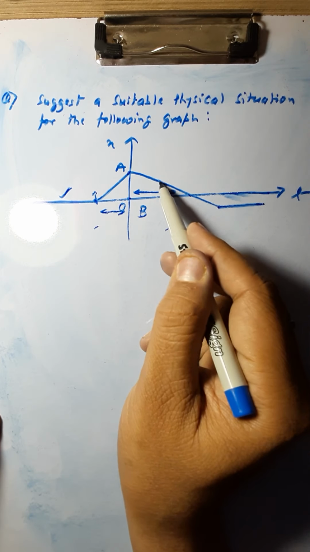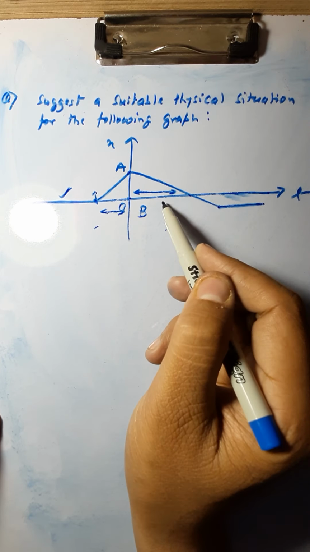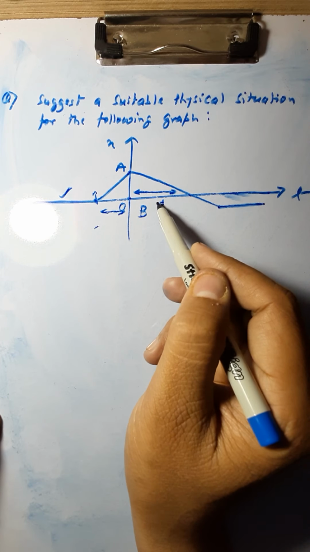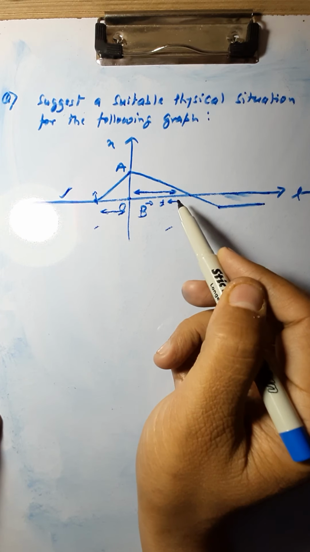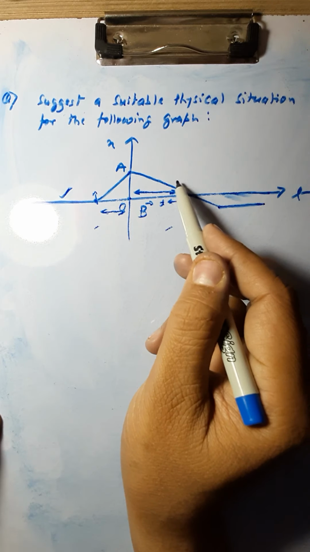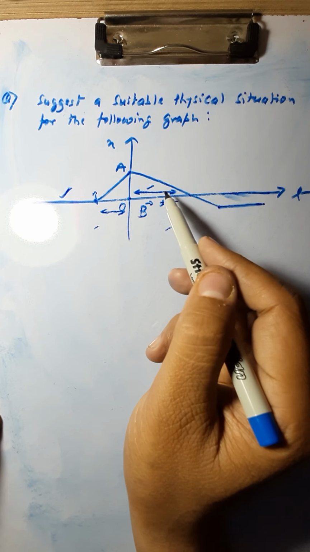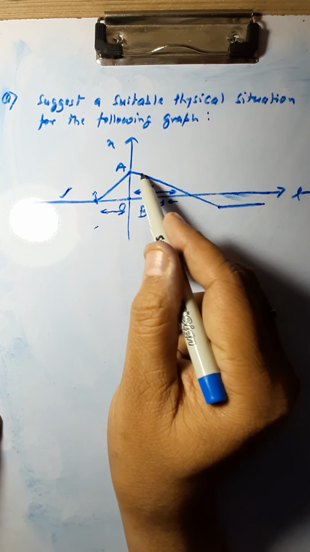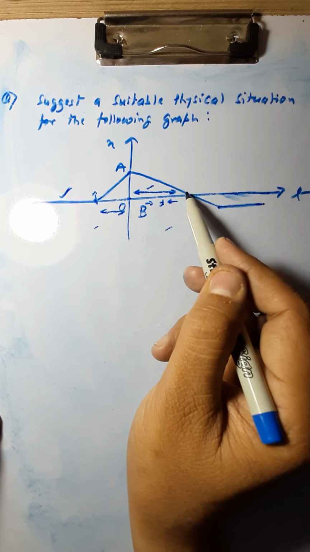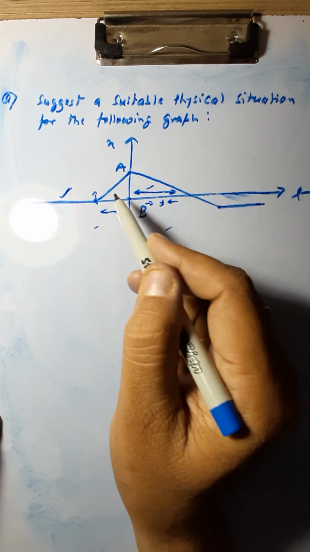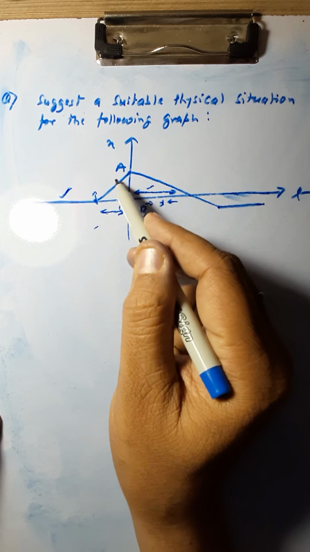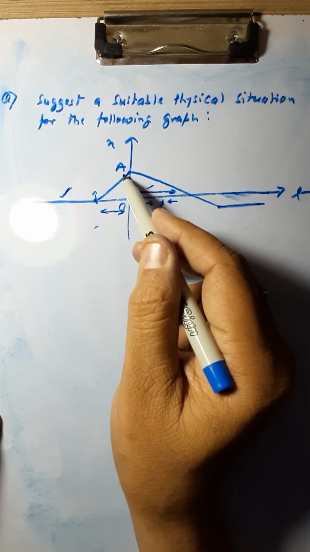So in returning back, the time taken by the particle is more. So the velocity during this motion is less compared to this period of motion.